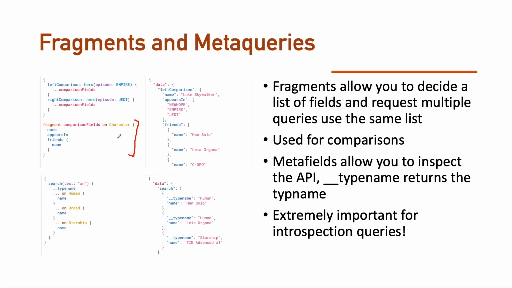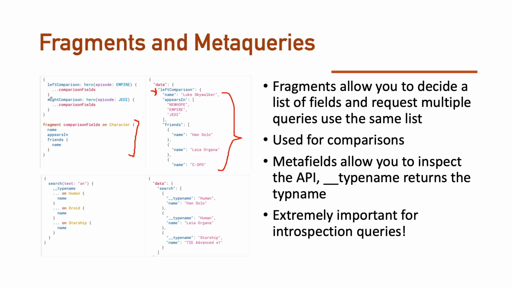Here we can see these are the fields we want each hero to return. If we look over here, our left comparison has all of these fields. If this had scrolled down, we would have seen the right comparison also has all those fields. And you're probably thinking, okay, but what does that mean?